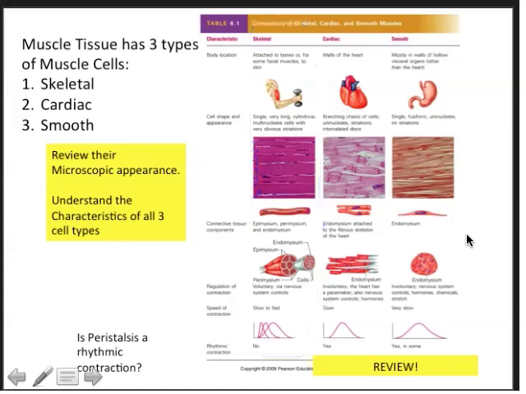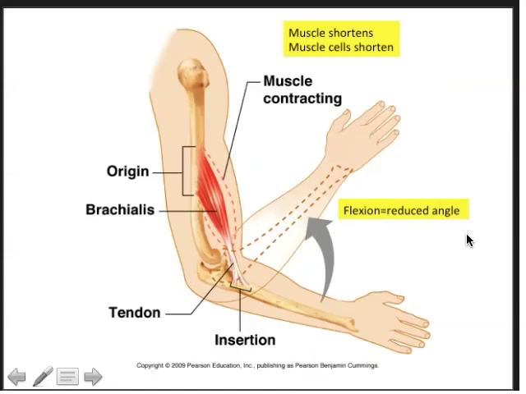Another thing that we want to address when we talk about muscle are a couple of features that we need to be aware of when we're trying to describe a muscle's location and its job: the origin, the insertion, and the action. So it's very important to understand the difference between these three.